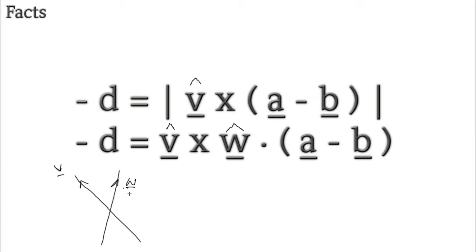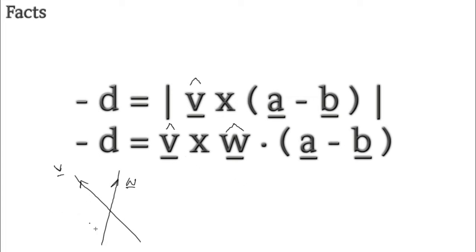If we cross those two, by definition, you'll get a vector perpendicular to p and to w, which means that it will point upwards or downwards. It depends on if you do p cross w or w cross p.